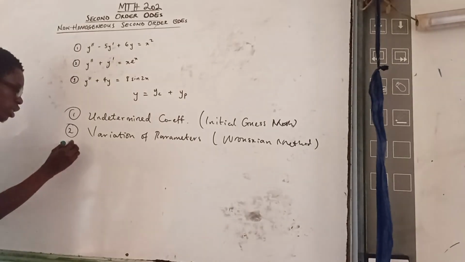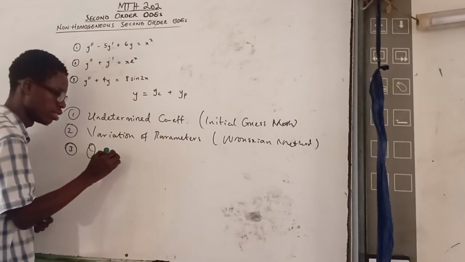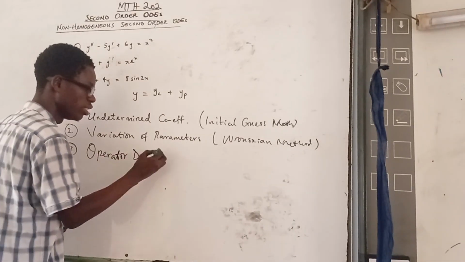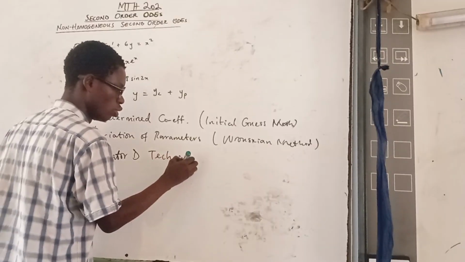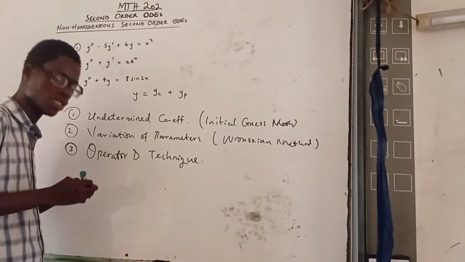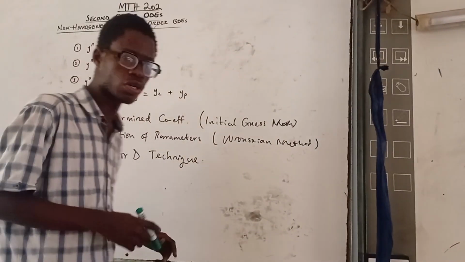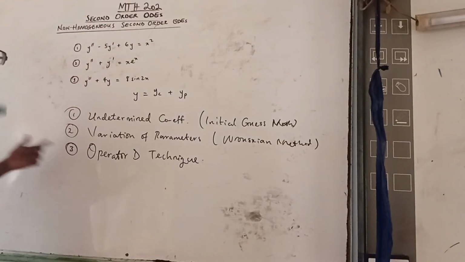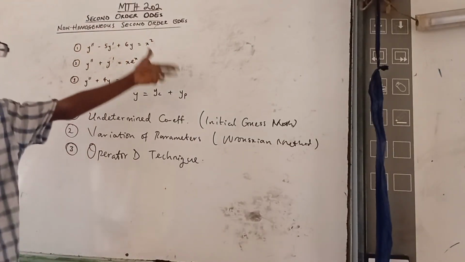And the third method we can use is called the operator D technique. So these are the three ways we use in solving non-homogeneous second order ODEs.